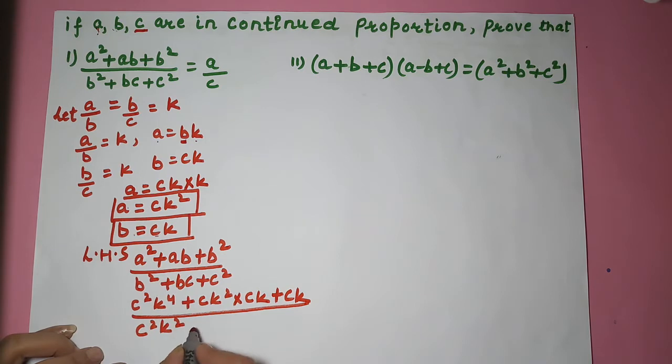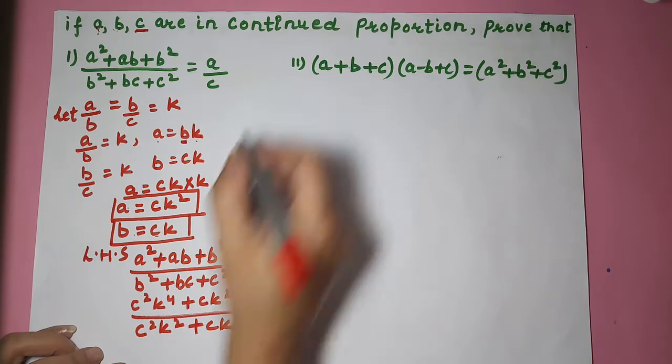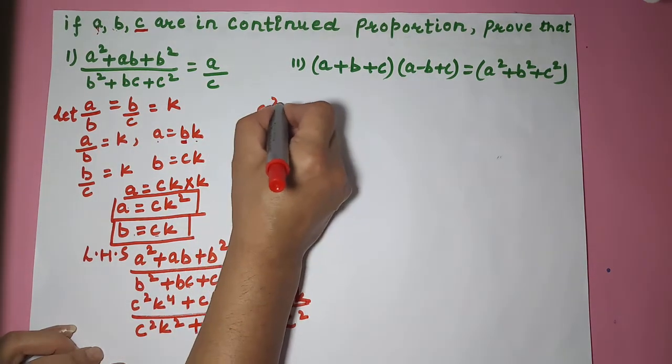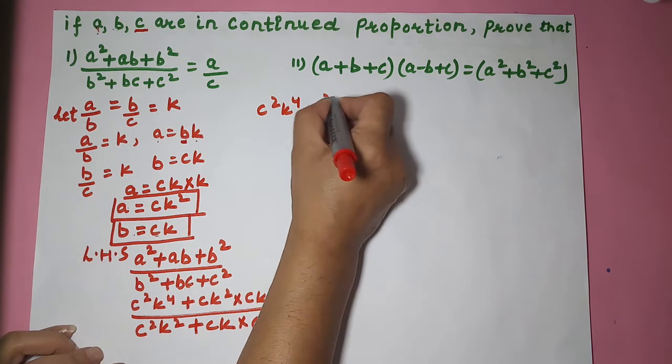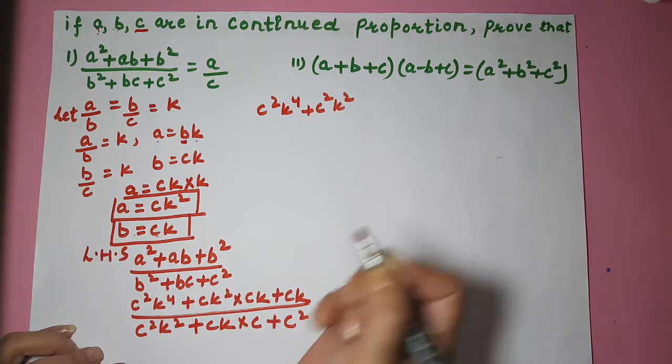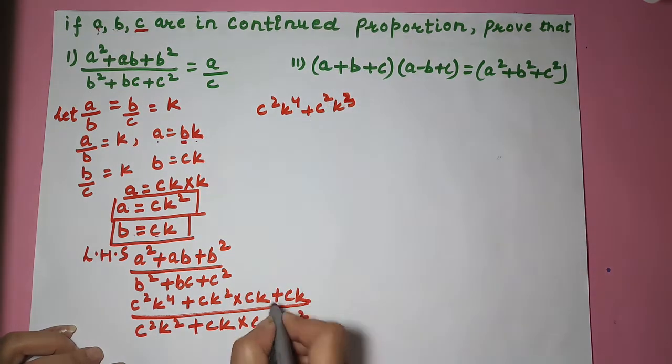Then I have B, B can be written as CK, and then I have one more C here, then C square, I don't have to change, right? Okay, let me see what I will get. This is C square K4 plus C square K cube, in fact, plus C square K square.